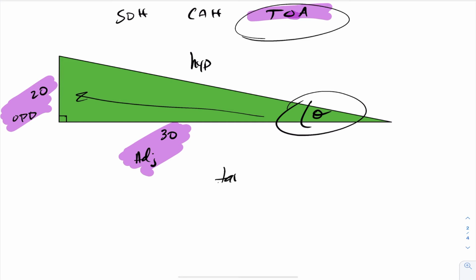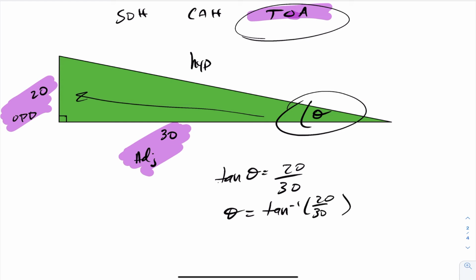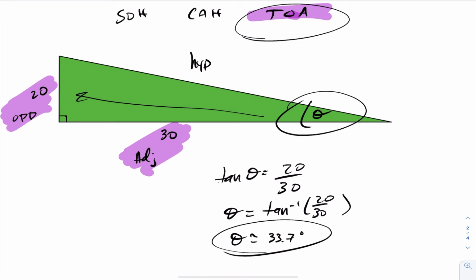The tan of theta is my opposite over my adjacent. You can then take the tan inverse of both sides of the equation, in which case you get 20 over 30. If I take the tan inverse of 20 over 30, it is approximately 33.7 degrees.